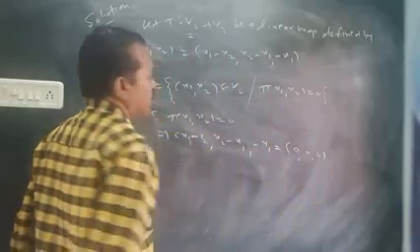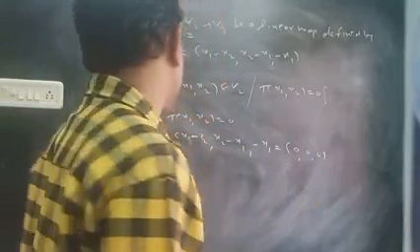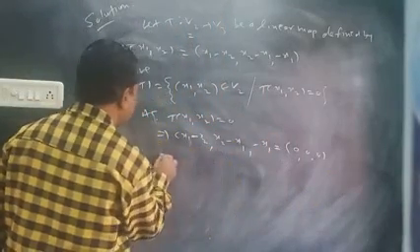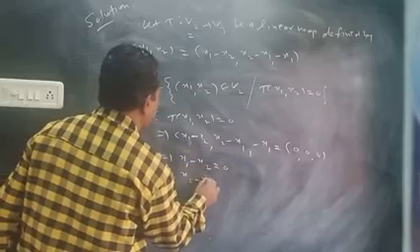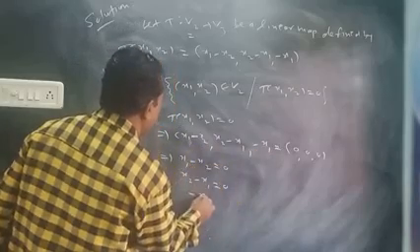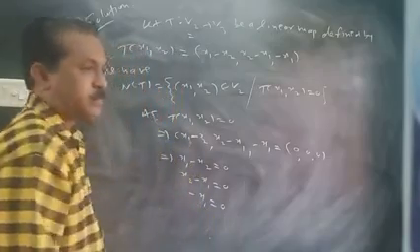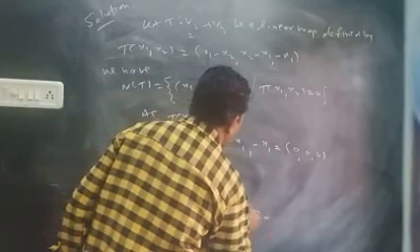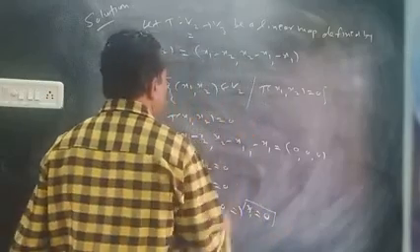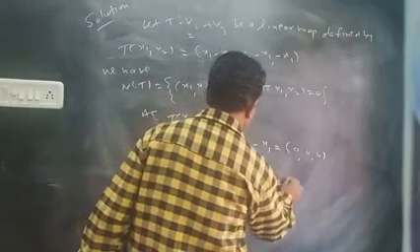I want the 3-dimensional 0 vector here. So respective components will be 0. So x1 minus x2 will be 0, x2 minus x1 will be 0, minus x1 will be 0. From this we easily get x1 will be 0, and putting it here, x2 will be 0.